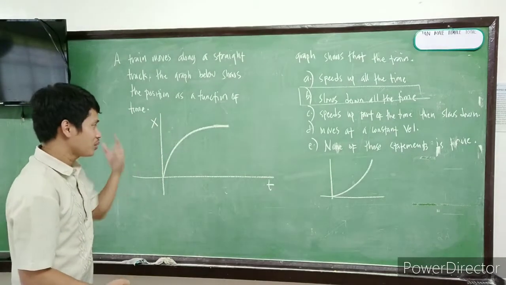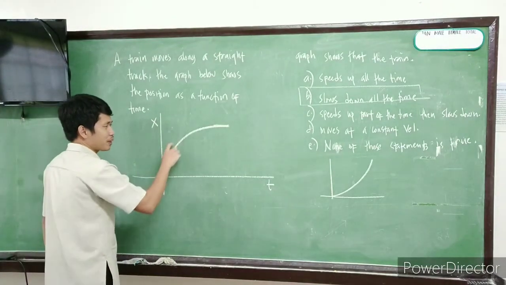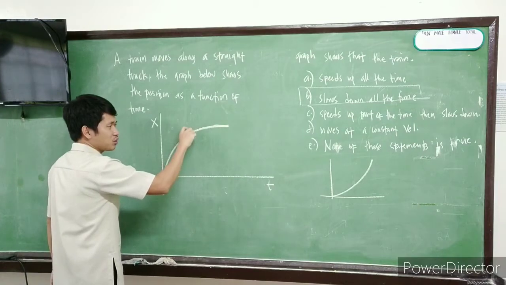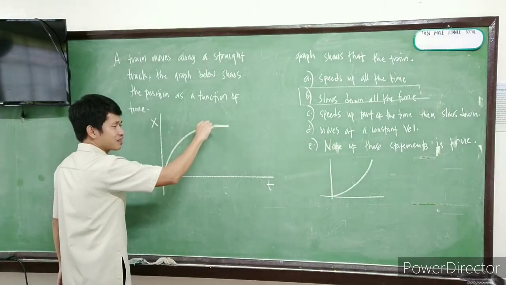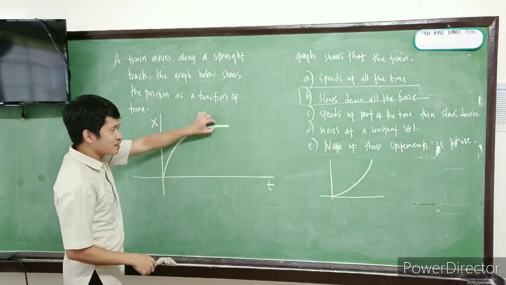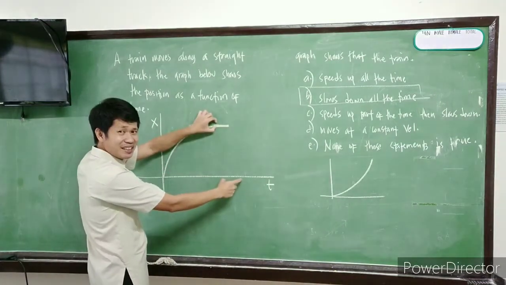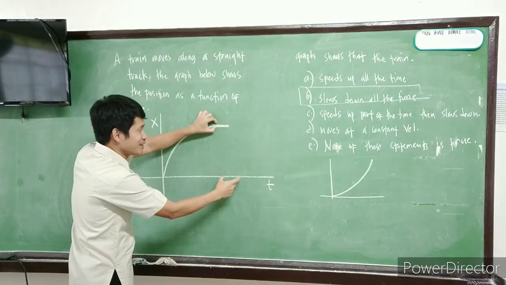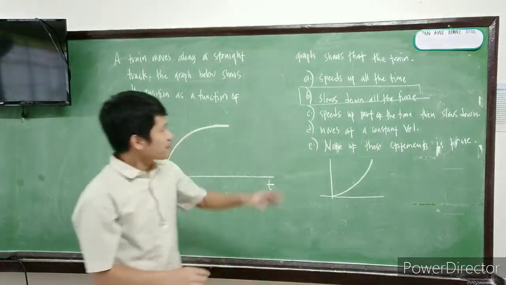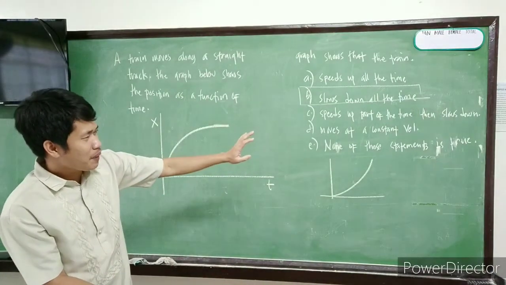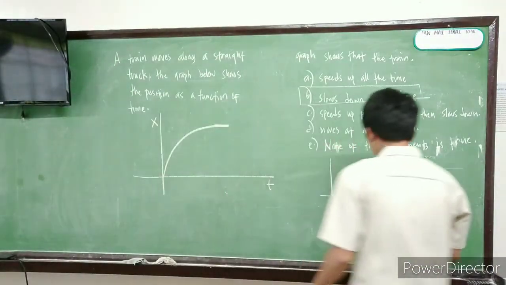Slows down all the time. So, ang bilis dito, pero as time goes by, umunti yung accumulation mo ng position, ng distance, hanggang sa wala ka ng rise, puro run ka na lang, wala ng rise. That's the idea. Okay? Speeds up part of the time, then slows down part of the time.